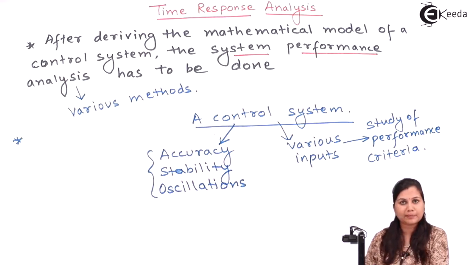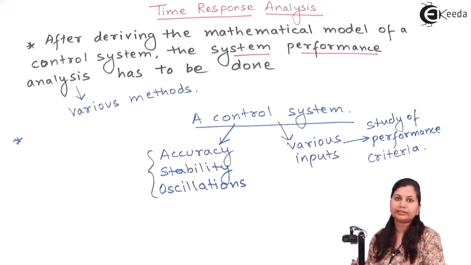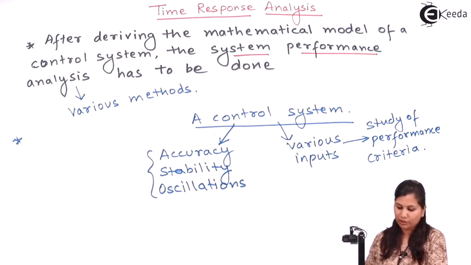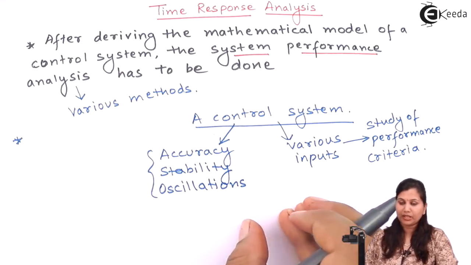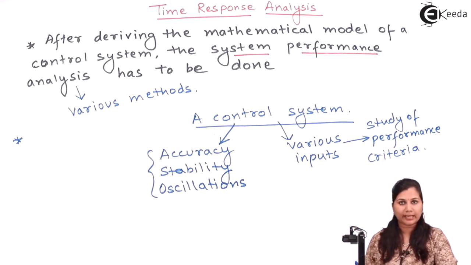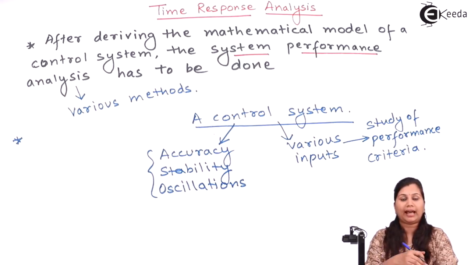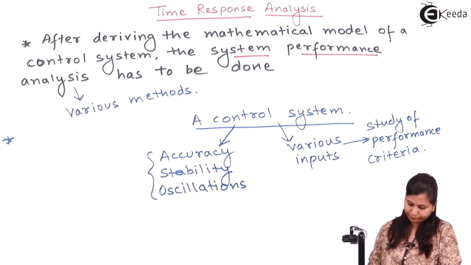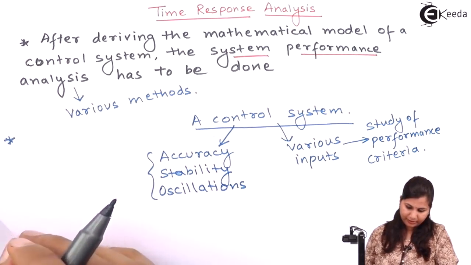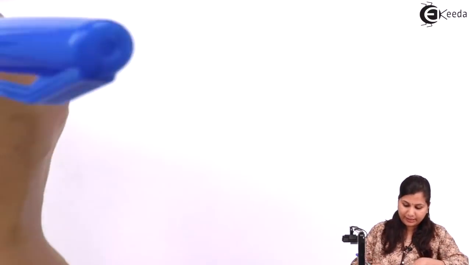Then we will study these performance criteria, and after that we will compare the performances of the two control systems for a single input signal. So in these various methods, we are using some input test signals, applying them to the control system, and analyzing the outputs for these various inputs. So what is the basis of this analysis?